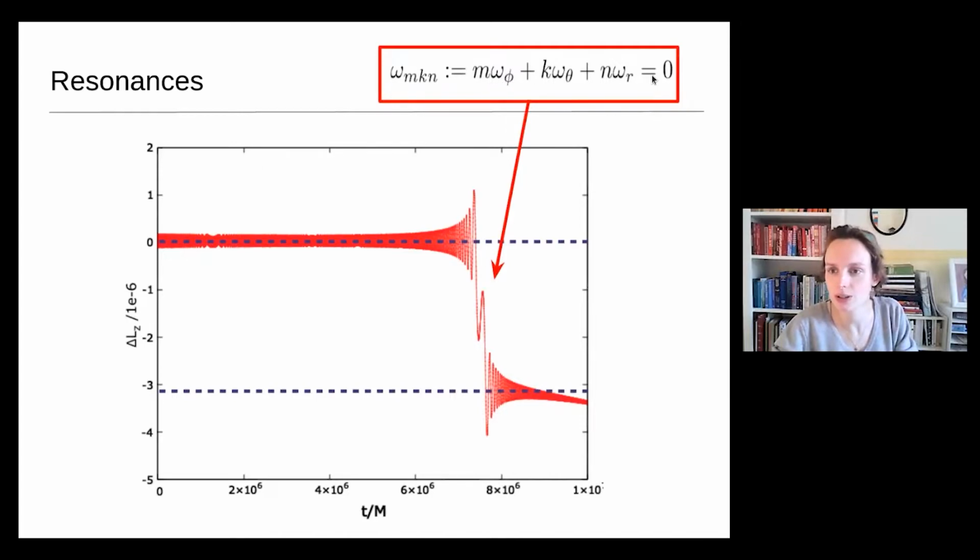Whenever this condition occurs, you get something like a jump. Whenever these resonances happen, or whenever these frequencies are commensurate, as they say, then the effect of the third object actually does become important.